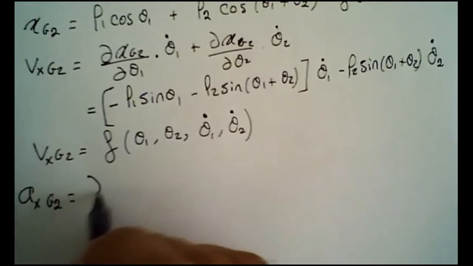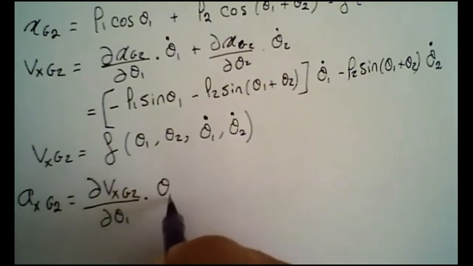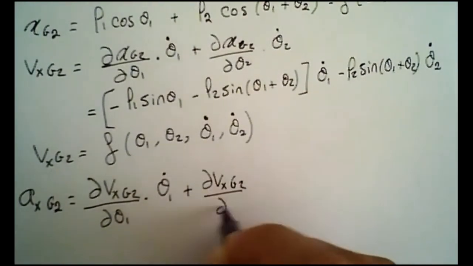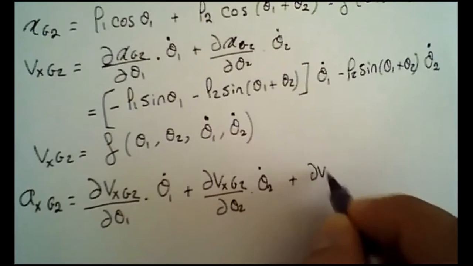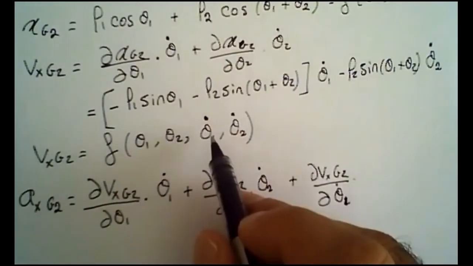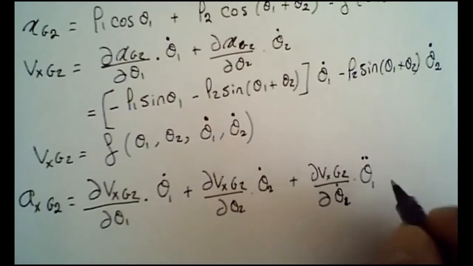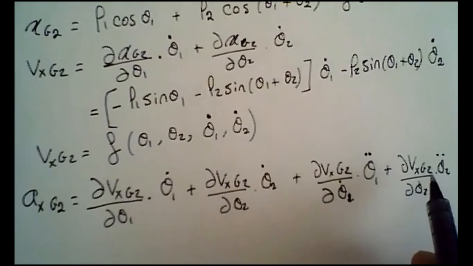So it's going to be equal to dVxg2 with respect to d theta 1 multiplied by theta 1 prime, plus dVxg2 with respect to d theta 2 multiplied by theta 2 prime, plus dVxg2 with respect to d theta 1 prime multiplied by d theta 1 prime dt, which is theta 1 double dot, the acceleration, plus dVxg2 with respect to d theta 2 prime multiplied by theta 2 double dot, which is angular acceleration of the same thing.